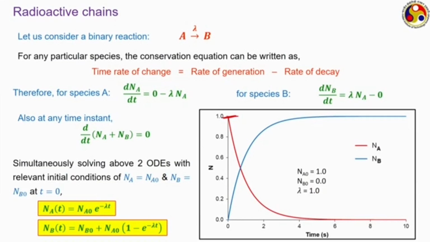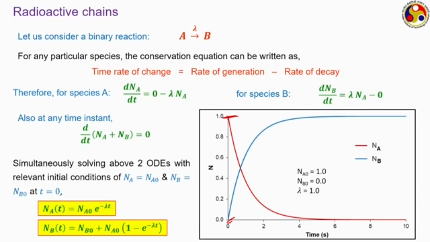This particular case uses NA0 equal to 1 and NB0 equal to 0 and takes a lambda value of 1. Accordingly, initially the value of A isotope is equal to 1, the value of B isotope is equal to 0, and their summation remains balanced, that is, remains equal to 1 throughout the duration.